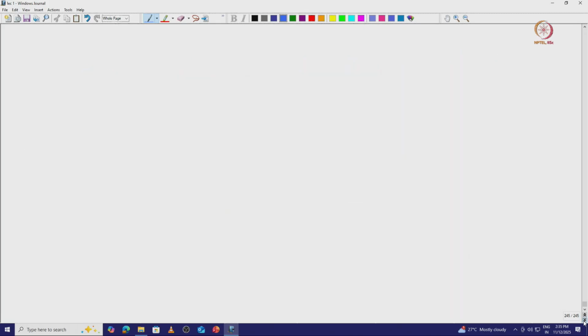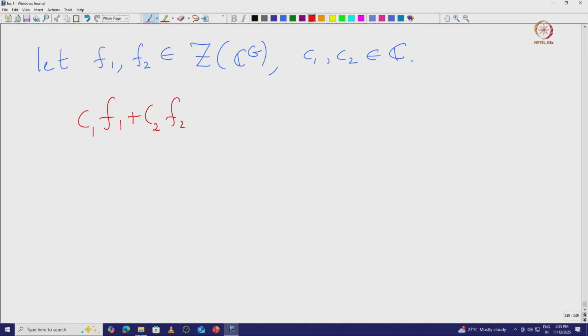Okay, so why is this indeed a subspace? That is something easy to check, so let us check this. To check it is indeed a subspace, let us take two elements from this subset, and then we need to prove that a linear combination of those two elements belongs to this subset itself. So, let us take c1 and c2 from the complex numbers. Now, consider this linear combination c1 f1 plus c2 f2. We need to verify the property of a class function.